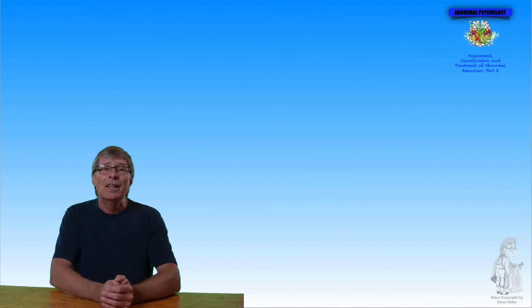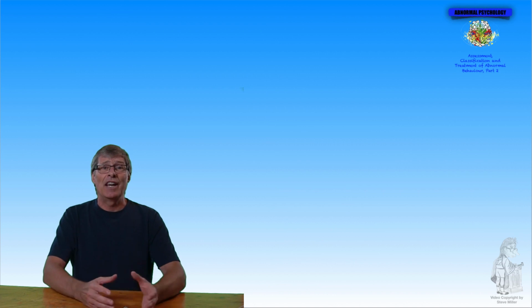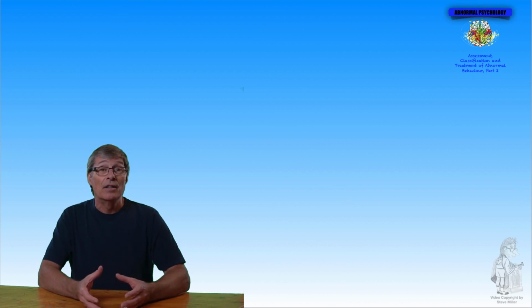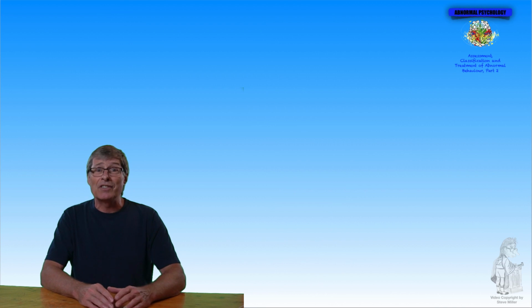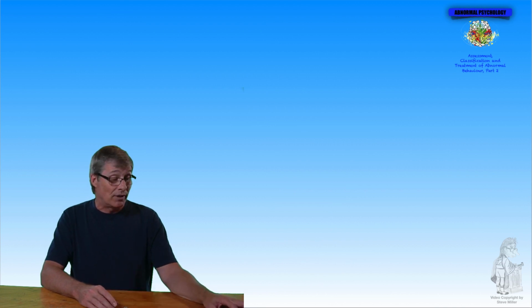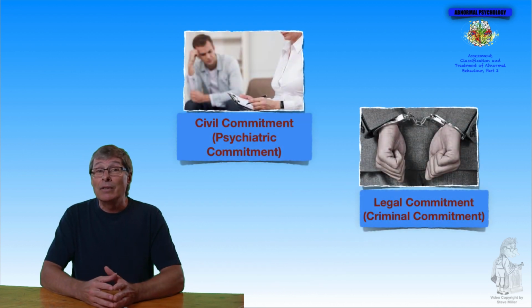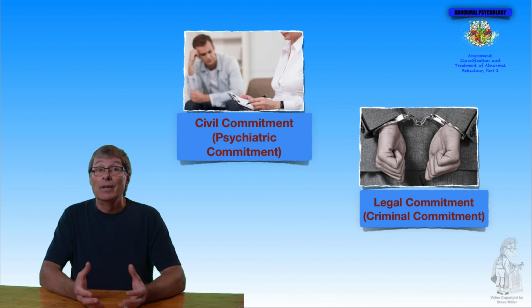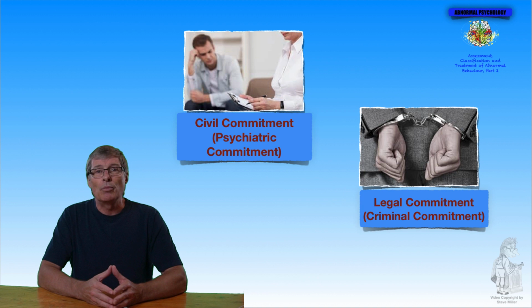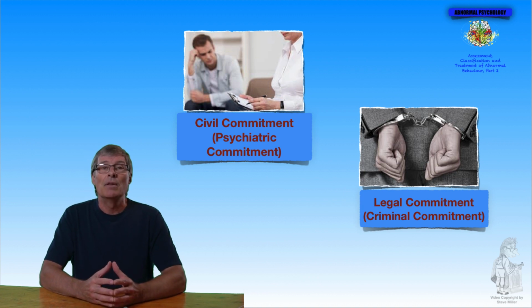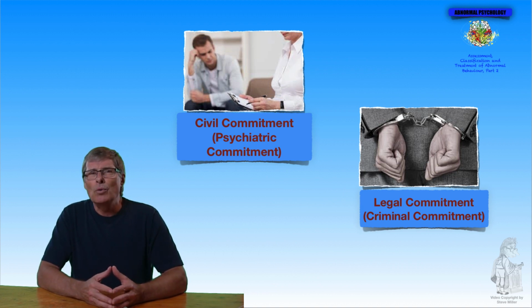So lastly, we're going to touch on what the psychiatric commitment and patient rights are. The legal process by which people are placed in psychiatric institutions against their will is called a psychiatric or civil commitment. And that can happen, it's just not common. Psychiatric commitment is intended to provide treatment to people who are deemed to suffer from mental disorders and pose a threat to themselves or others.